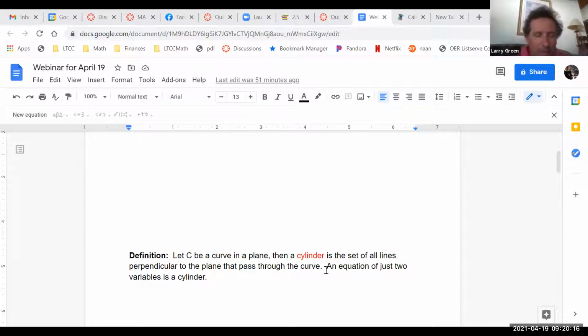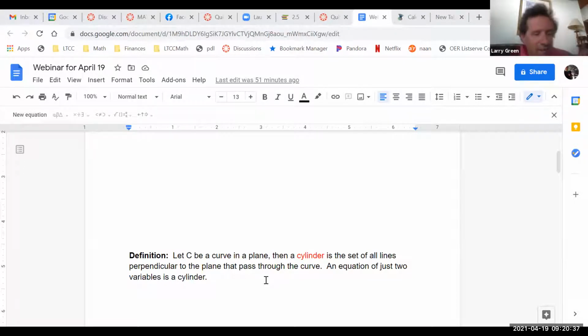And then the perpendicular lines through that circle will give you the cylinder. And an equation of just two variables is always a cylinder. Most of the time you deal with an equation of just two variables.